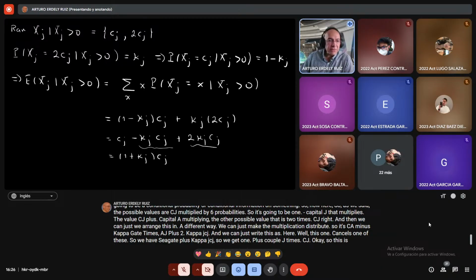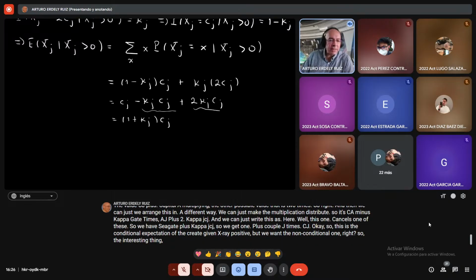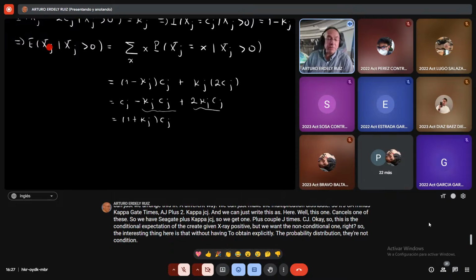So this is the conditional expectation of xj given xj positive. But we want the non-conditional one, right? So the interesting thing here is that without having to obtain explicitly the non-conditional probability distribution of xj, we can calculate its expected value, right?